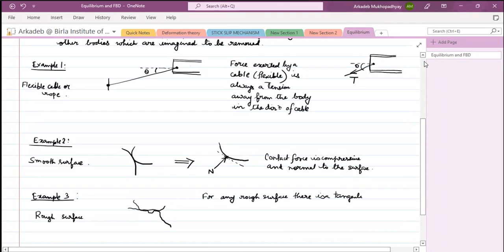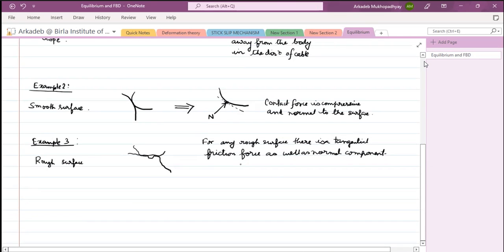So how does it look? We can just approximate it something like this. So this would be the normal component.